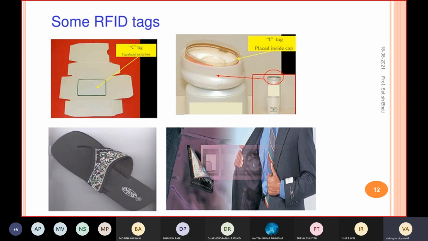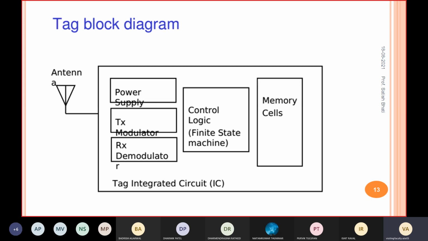For example, in cloth, they will stitch this RFID tag with your cloth, right? In other items like the shoe, in that also you can paste or you can attach the RFID tag, right? So if you specifically talk about the tag, right?